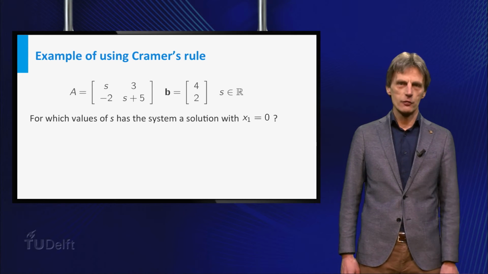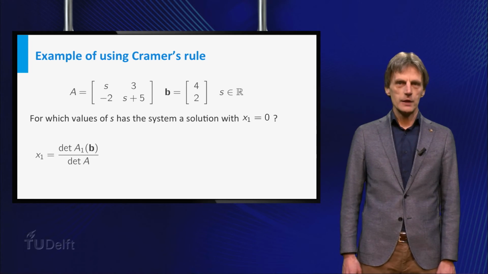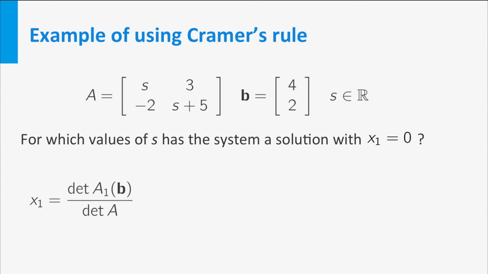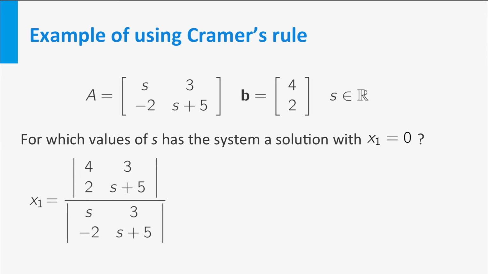Instead, let's try the formula for x1 from Cramer's rule. x1 is equal to the determinant of A1(b) divided by the determinant of A. With the matrix A and vector b of our example, we find that x1 is equal to the determinant of the matrix [4 3; 2 s+5] divided by the determinant of the matrix [s 3; -2 s+5], which is equal to 4s plus 14 divided by (s plus 2) times (s plus 3).